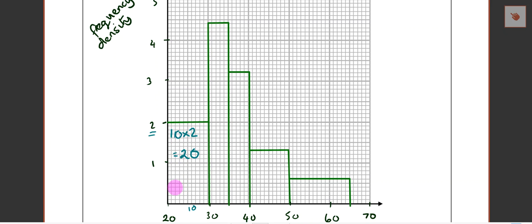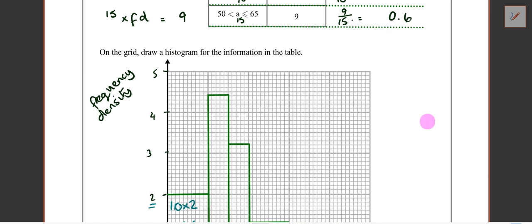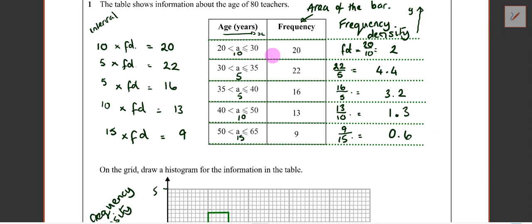So the area of the bar gives you the frequency. Right? So when we actually worked out this, that's how we did it, didn't we? So we said, how do I work out what the frequency density number is? Well, we know the interval width. We know what the frequency is. So here's the frequency number there. 10 times, that's the width, something equals 20. So just a little bit of calculation. 20 divided by 10 gave me the 2.